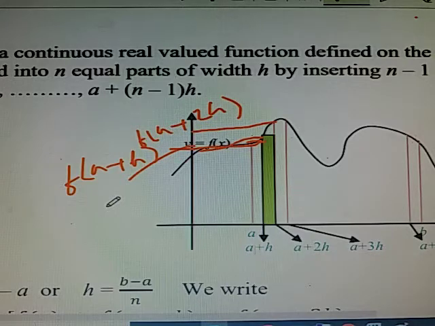You are adding this f of a plus h into this h. You multiply this, meaning you are adding this area starting from this point A to the last point, this final strip.